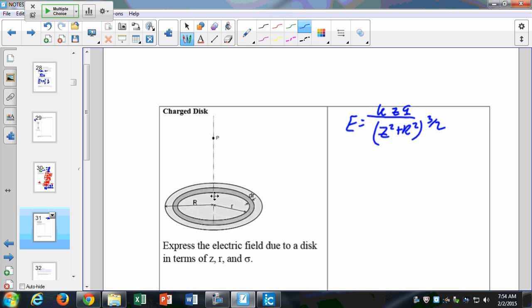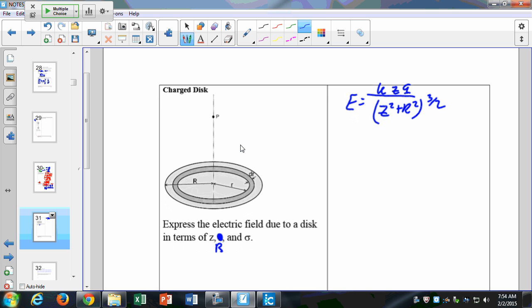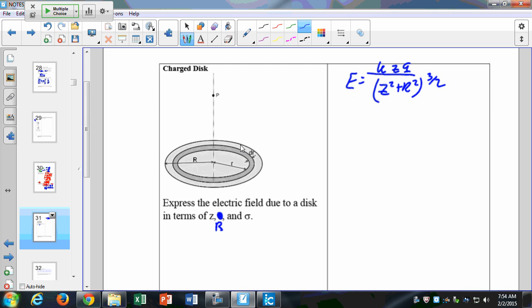So here where it says Z, this should say big R. It's the radius of your charged disk. You can do that, right? Look online. On Wikipedia, they go through this derivation. I think Hyperphysics, a place out of the University of Georgia, does this derivation too. All right?